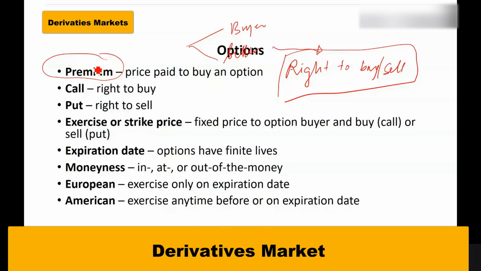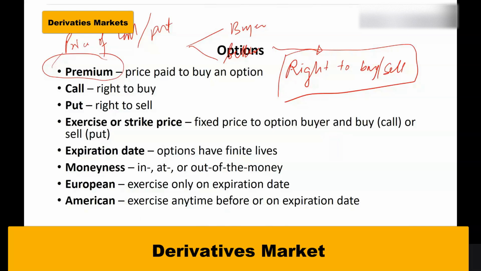However, in our module, we will not be referring to it mostly as premium, but as the price of the call and the price of the put. Okay, however, these are the same: premium of the put, or put premium or call premium, or price of the put or price of the call.